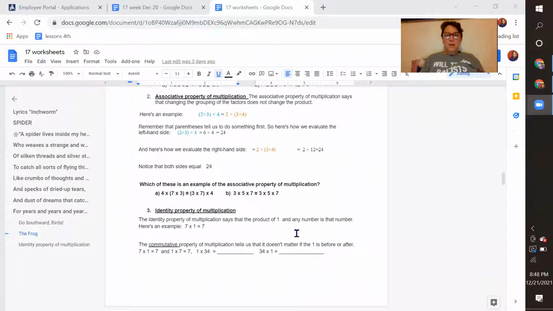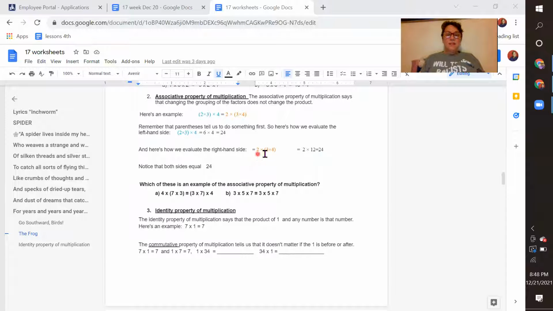Remember that the parentheses tell us to do something first. So here is how we evaluate the left-hand side. 2 times 3 is 6. 6 times 4 is 24. And here's how we evaluate the right-hand side. 2 times 3 times 4. I know on your worksheet, it's not yellow.